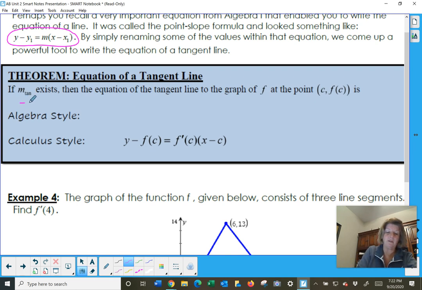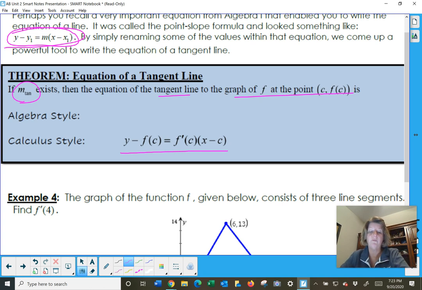So here they're saying the slope of the tangent line exists. If it exists, then the equation of the tangent line to the graph of f at some point c is y minus f of c equals f prime of c times x minus c. And that is really a takeoff of our point slope form.